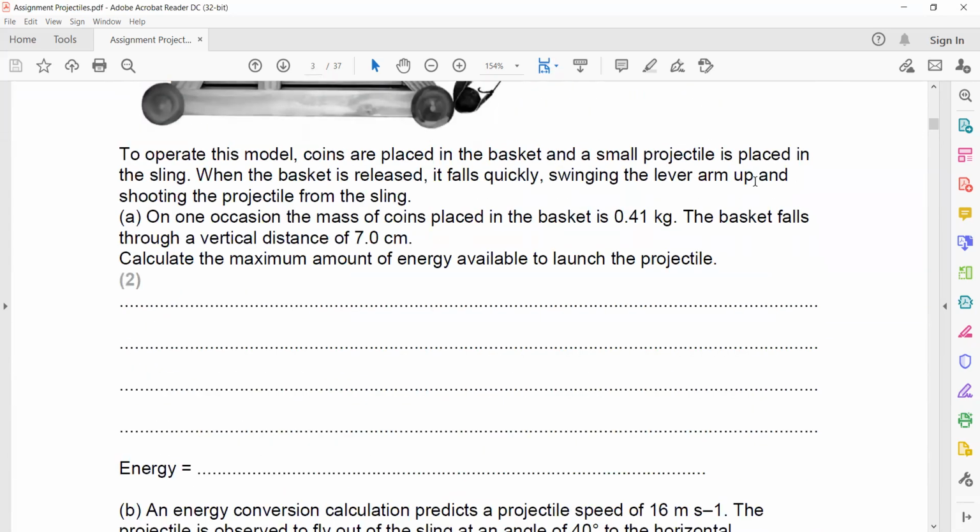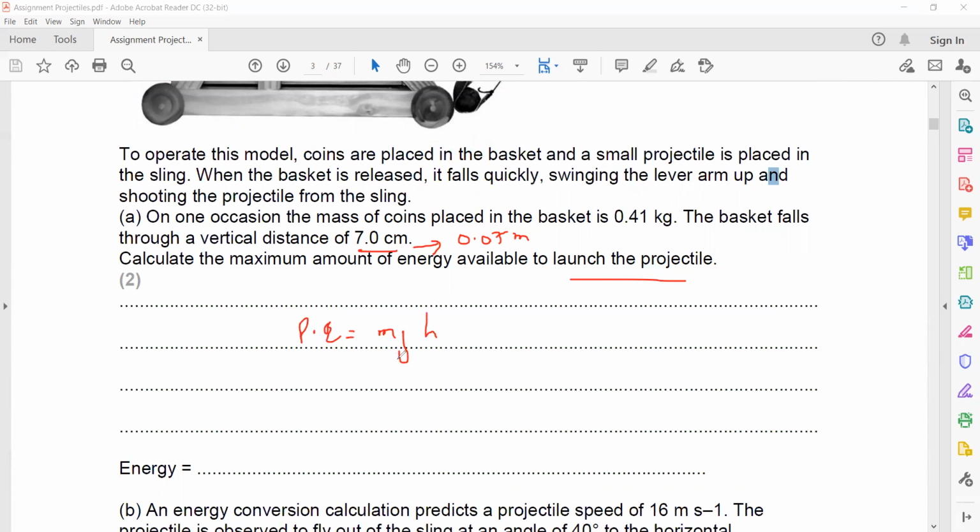First they're asking, on one occasion the mass of the coin placed in the basket is 0.41. The basket falls through a vertical distance of 7 centimeters, so it must be in meters, so 0.07 meter. Calculate the maximum amount of energy available to launch the projectile. Basically that's the potential energy, which is mgh.